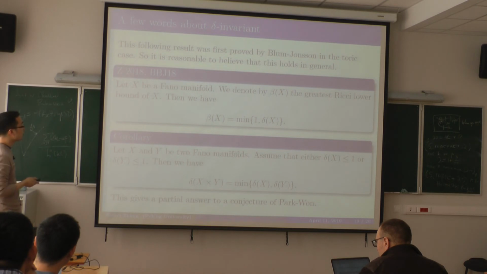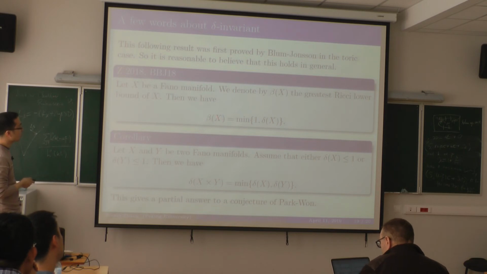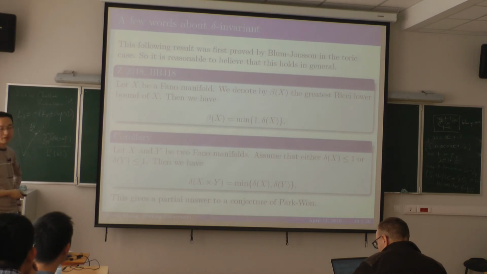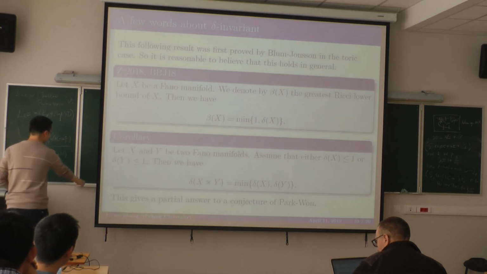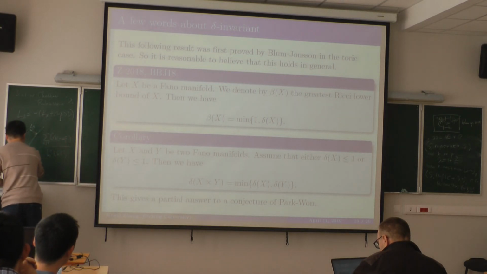For instance, to show this on Fano manifolds, we have to approximate the greatest Ricci lower bound by a sequence of conic Kähler metrics. On the other hand, we have to approximate this delta by a sequence of delta invariants with boundary terms. So basically, this delta can be approximated by a sequence.